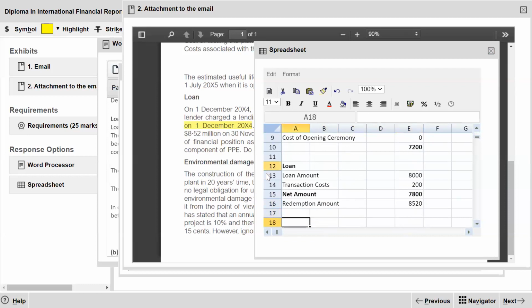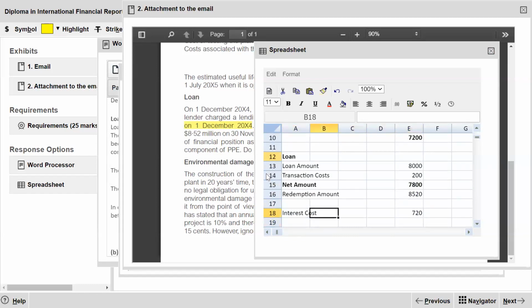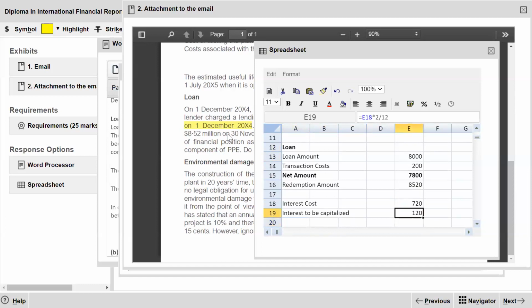What actually happens is that the interest cost is going to be 8,520 minus 7,800. The interest to be capitalized is going to be 720 multiplied by 2, because for January and February you're going to capitalize, divided by 12 months. So this is 120. That is the interest to be capitalized as part and parcel of the cost of the asset.